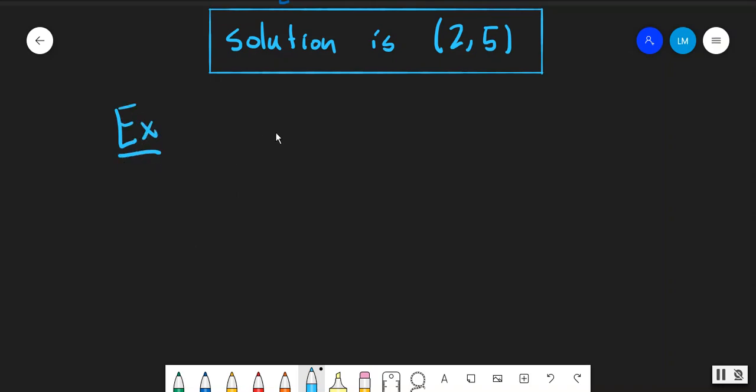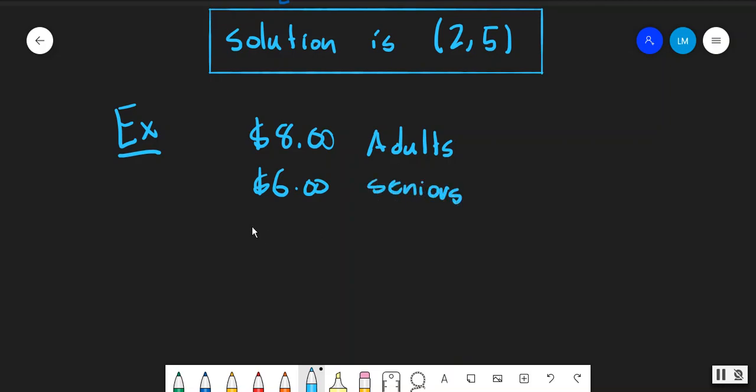let's say that a movie theater charges $8 a ticket for adults. But let's say that they charge $6 for seniors. Now, on a particular weekend, the attendance was 525 people.